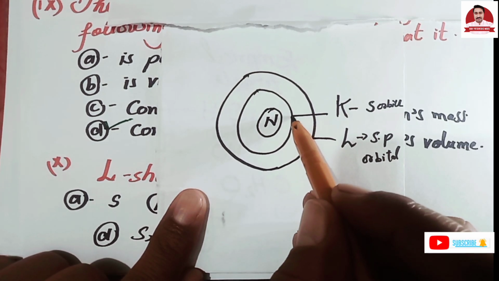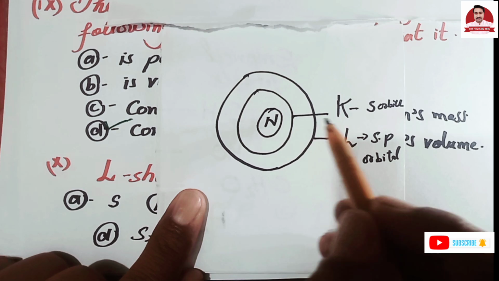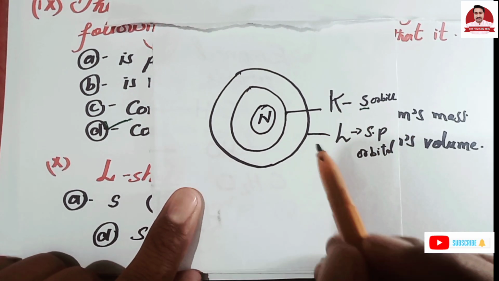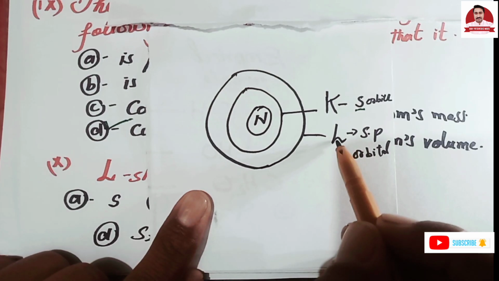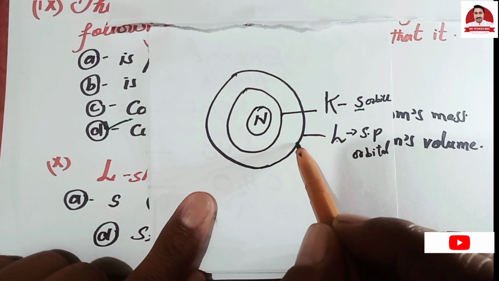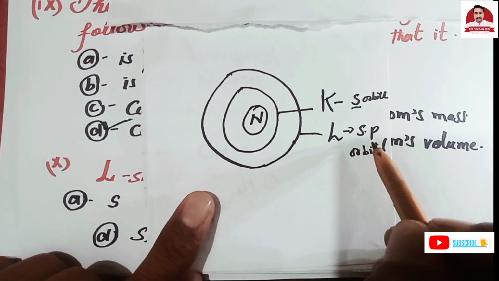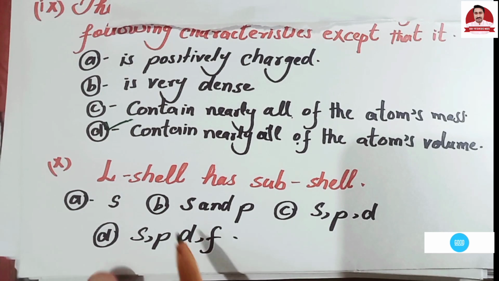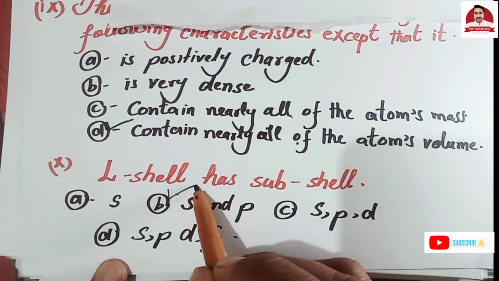The first shell contains one orbital, that is s orbital, and the L shell is the second shell, which contains two orbitals, that is s and p. So option B is correct.